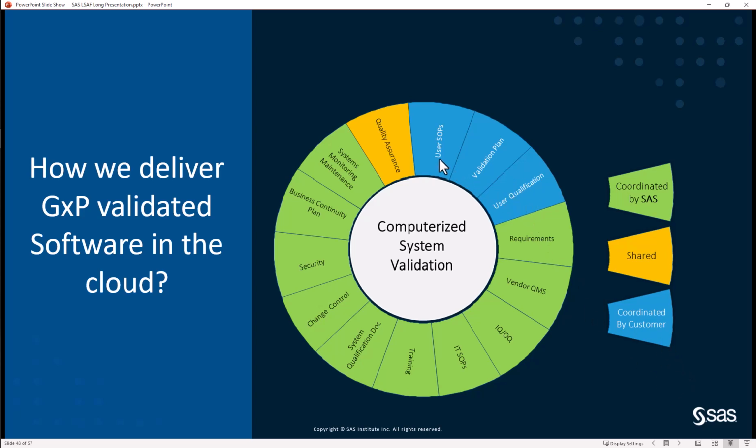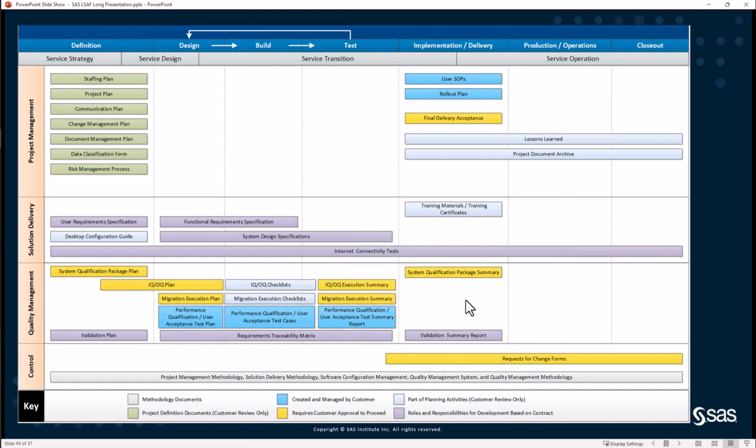And if you also have some unique plan regarding user qualification and user SOPs, anything is welcome in this setup. And the entire platform will be properly project managed. So there will be a proper project management team, the solution delivery team, and the quality management team in control of anything that's going to happen. So the entire thing is well qualified.